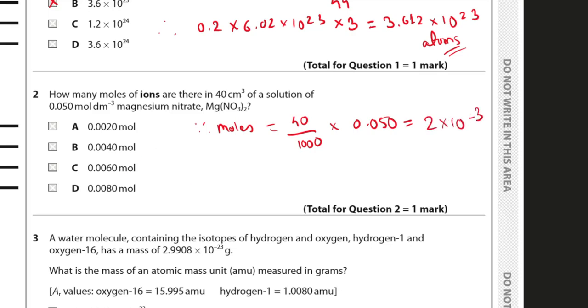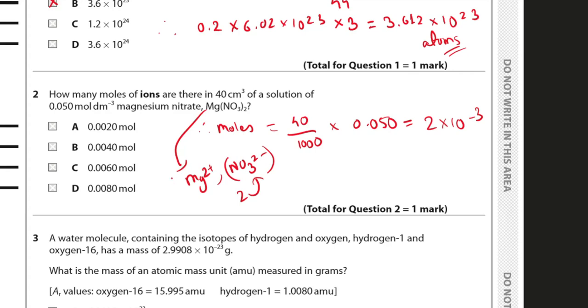Now, of course, there are ions of Mg2+ and we have NO3-, and in each solution we have two nitrate ions per magnesium nitrate.